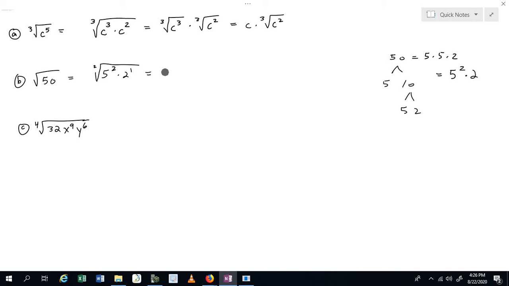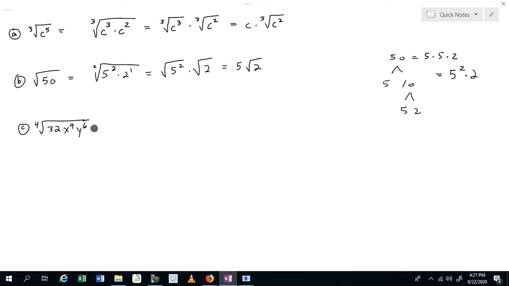So I'm going to write this as the square root of 5 squared times the square root of 2. And this can be simplified because that's equal to 5. Okay, and so simplified, it would be 5 times the square root of 2. So again, what I would do is I would always factor the radicand and then make sure that the powers in the radicand are less than the index.